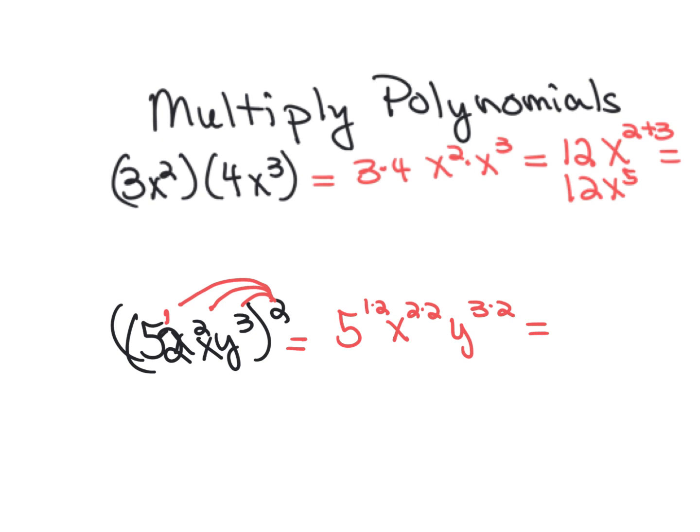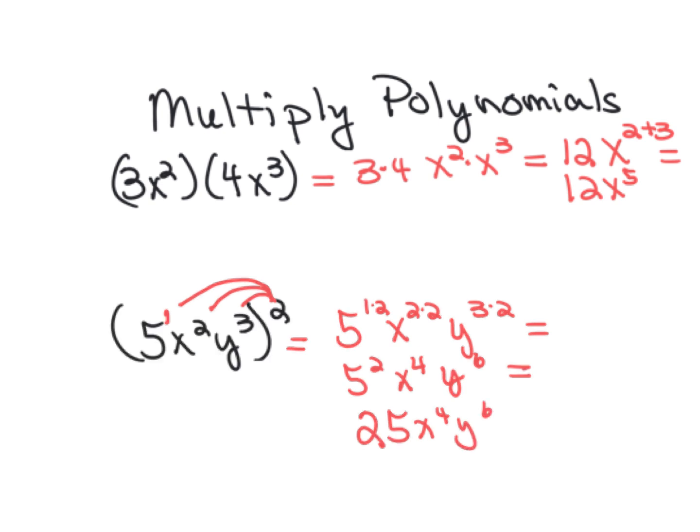Simplify there, I get 5 to the 2nd, x, 2 times 2 is 4, on the y, 3 times 2 is 6, and I simplify to give 5 squared on Desmos, which is 25, x to the 4th, y to the 6th. So this is an example of monomials being multiplied together.